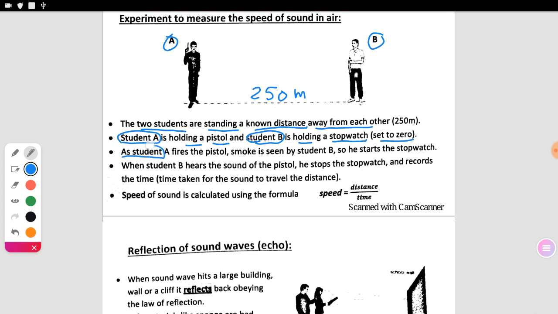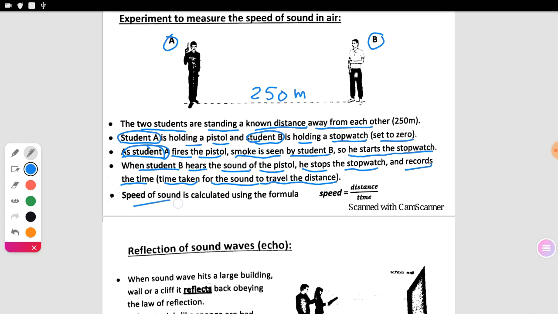Student A fires the pistol. Smoke is seen by student B, so he starts the stopwatch. When student B hears the sound of the pistol, he stops the stopwatch and records the time taken for the sound to travel this distance.